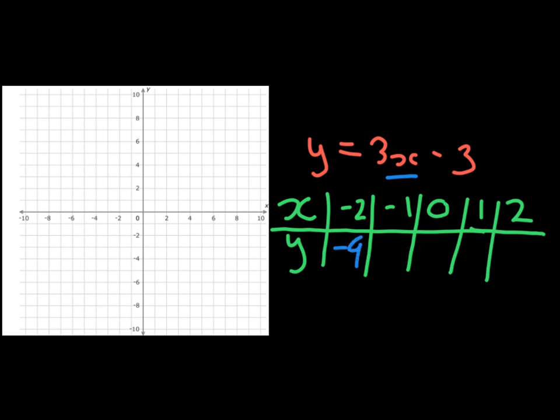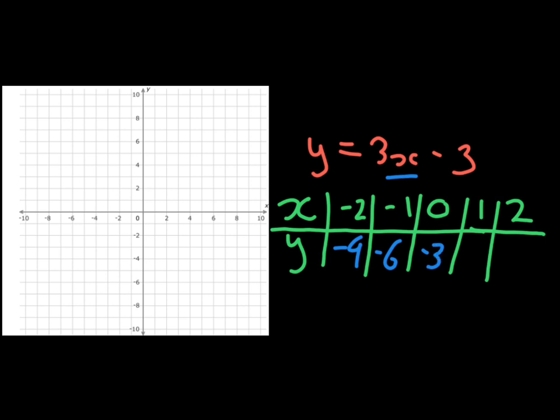Next, we substitute in x equals -1, so we say 3 times -1 gives us -3, -3 gives us -6. Next, we have x equals 0, so 0 times 3 gives us 0, -3 gives us -3.